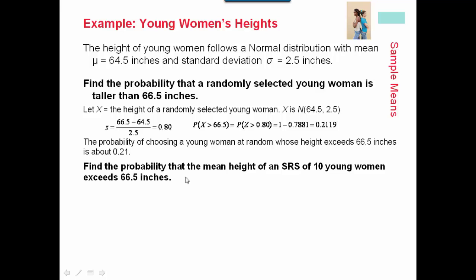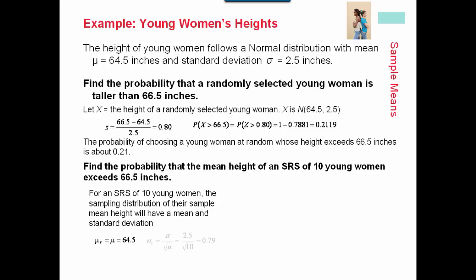Find the probability the mean height of a simple random sample of 10 young women exceeds 66.5 inches. For a simple random sample of 10 young women, the sampling distribution of their mean height will have a mean and standard deviation.